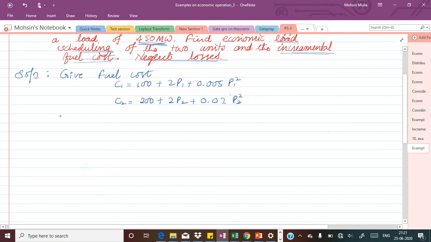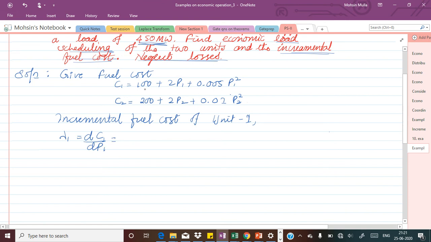So let us find the incremental cost of unit 1. Incremental cost or incremental fuel cost, both are the same here. The incremental fuel cost of unit 1 we can represent as lambda 1, which is dC1 by dP1.